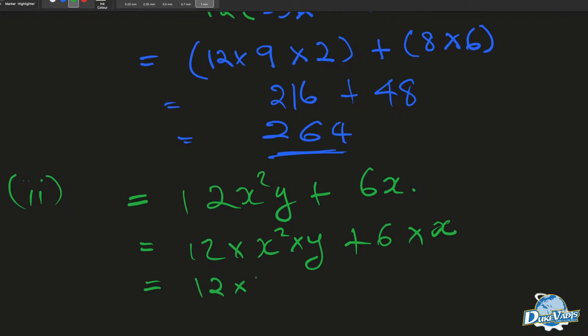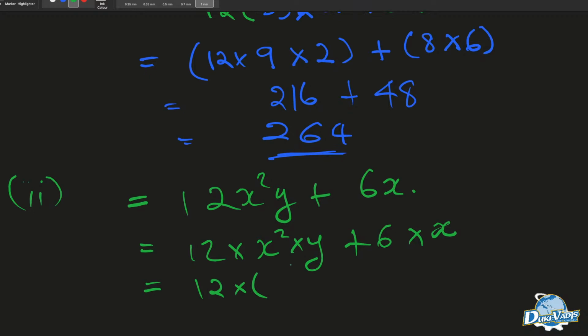So this x squared, well, x is 2. So I put 2 here and I say squared times y. And our value of y is 3. Plus 6 multiplying x, which is still 3.